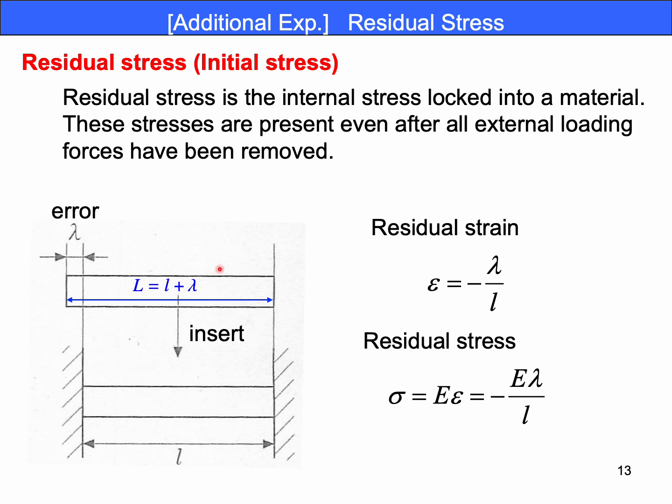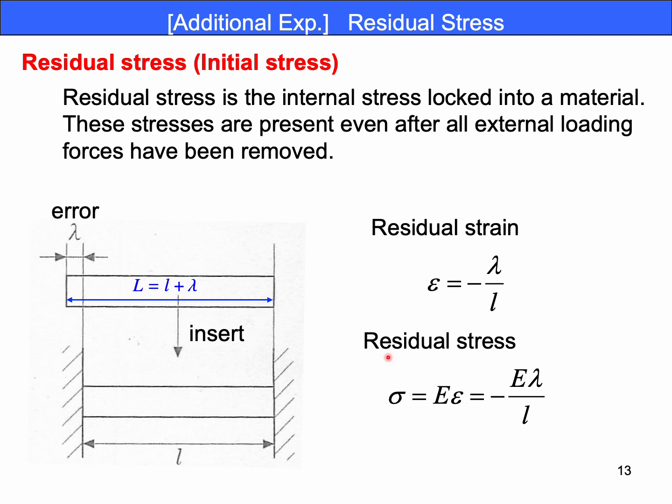Once it is compressed so that its length becomes L, the bar experiences an initial strain of epsilon equals minus lambda over L. Okay, you are dividing the shrinkage with respect to this length, and we have to keep in mind that this shrinkage is rather small compared with this distance L.